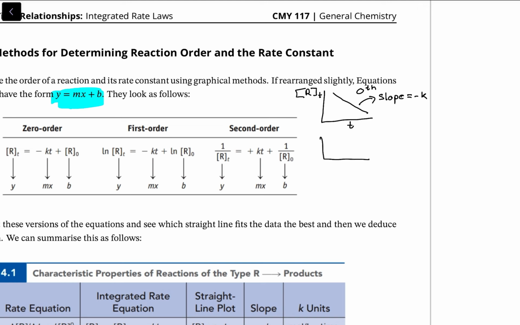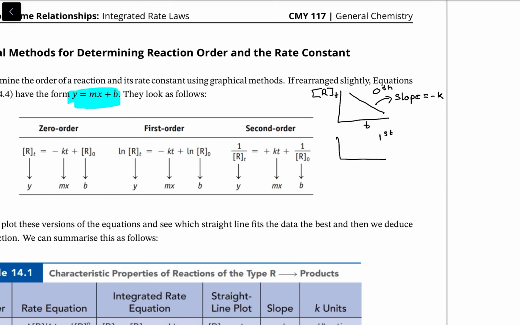If you want to know if something is first order, you must plot ln of Rt against time.